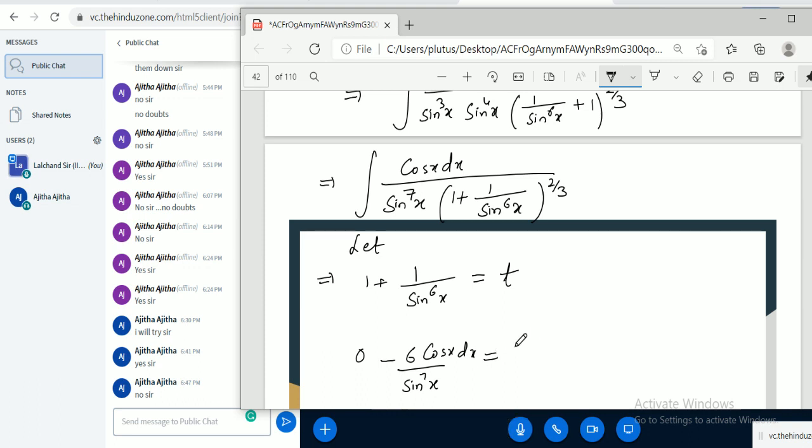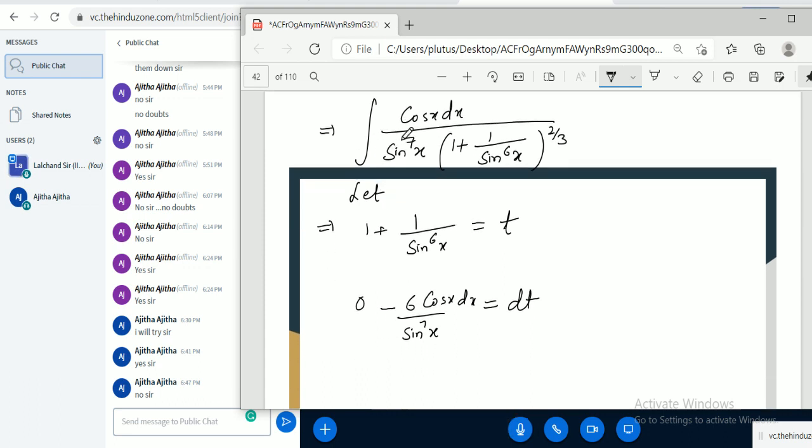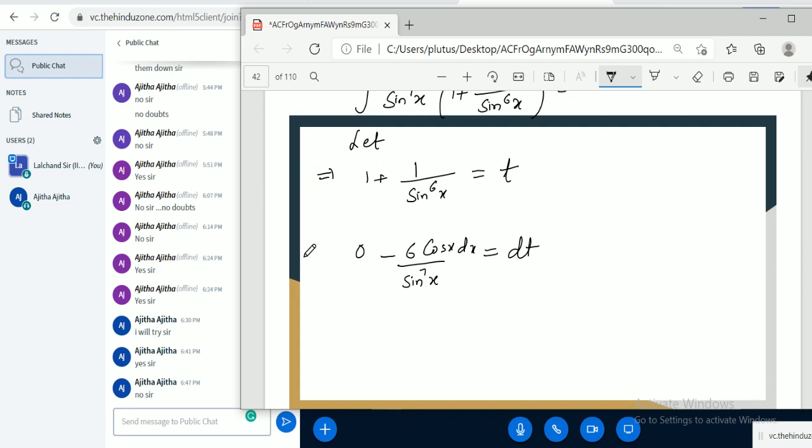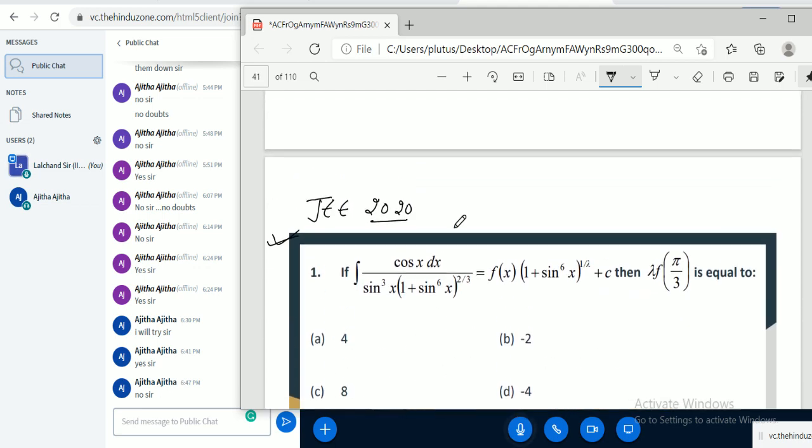So now if we look at this expression, we have cos x dx and sin to the power 7x. So the value of cos x dx by sin 7x will be minus 1 by 6 dt.